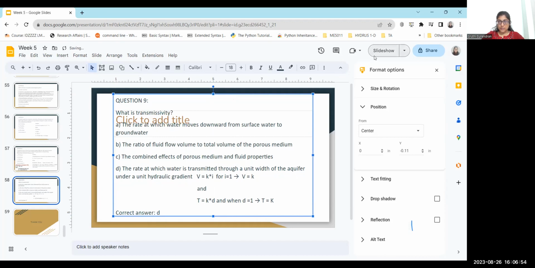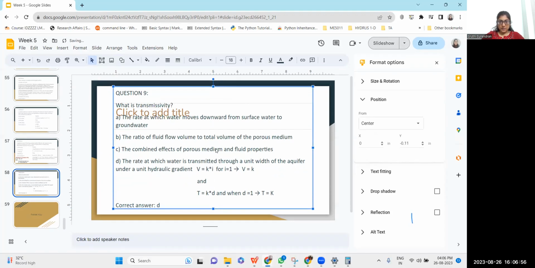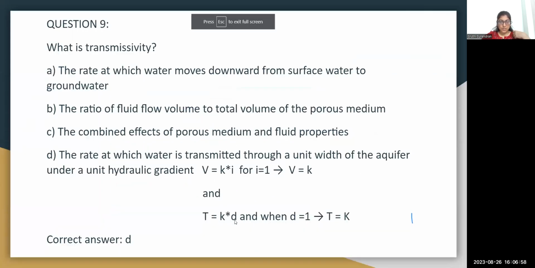For this problem, I think this could be an explanation. We know that velocity is equal to the product of hydraulic conductivity and hydraulic gradient. So when the hydraulic gradient is equal to 1, the hydraulic conductivity is equal to the velocity of groundwater flow, or the rate at which water is transmitted.